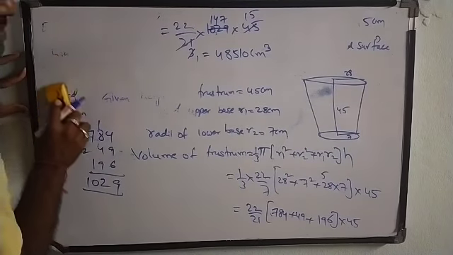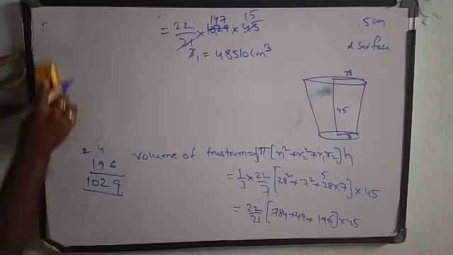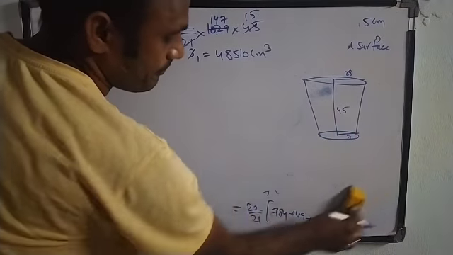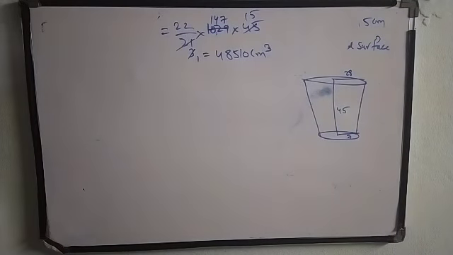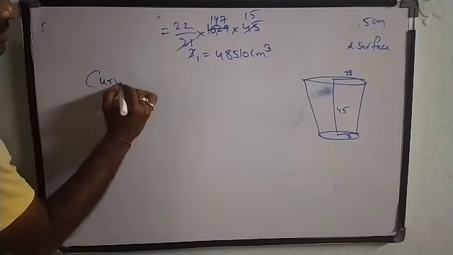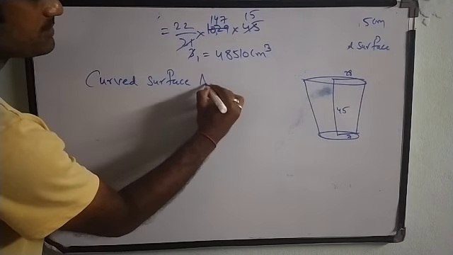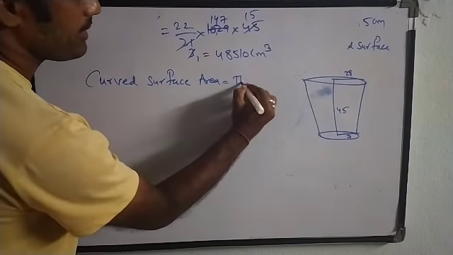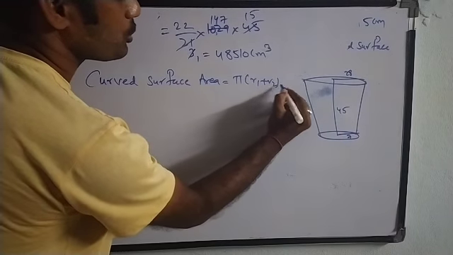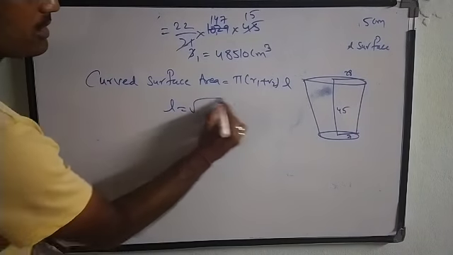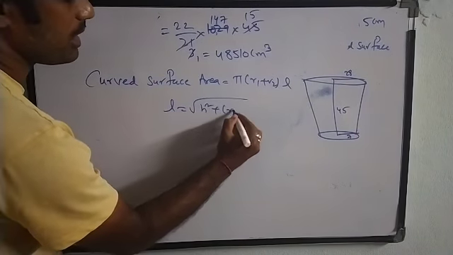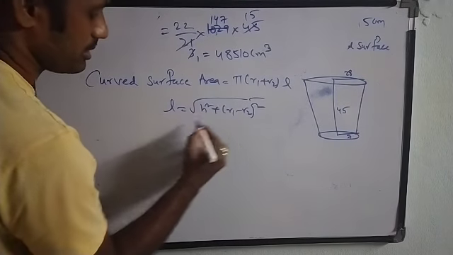Next, we need to find the curved surface area. So curved surface area is pi into r1 plus r2 into L. Let us find L first. L equals the root of h square plus r1 minus r2 whole square.